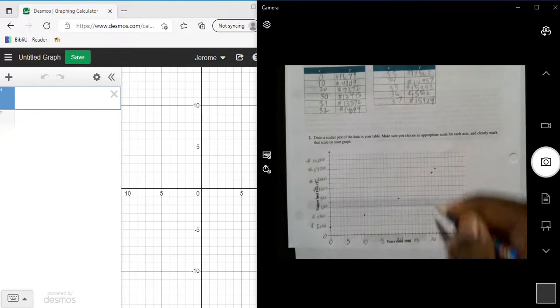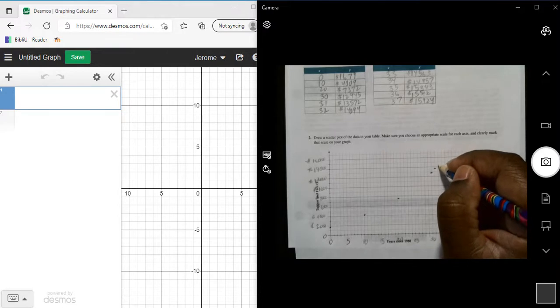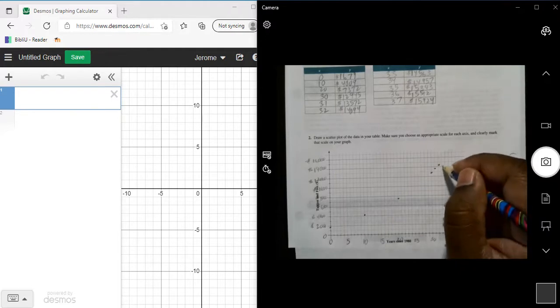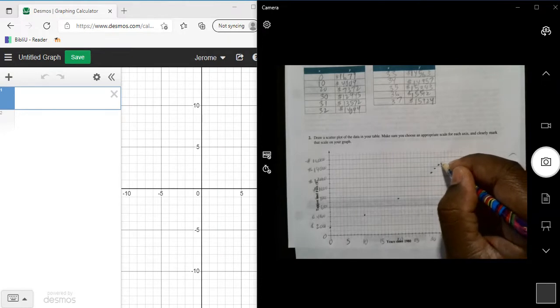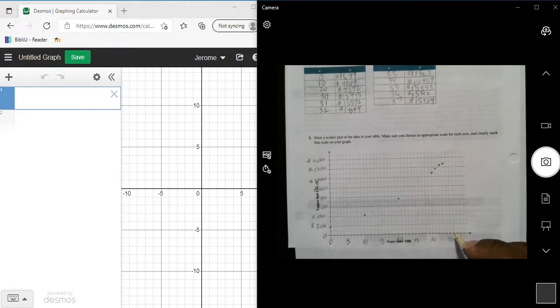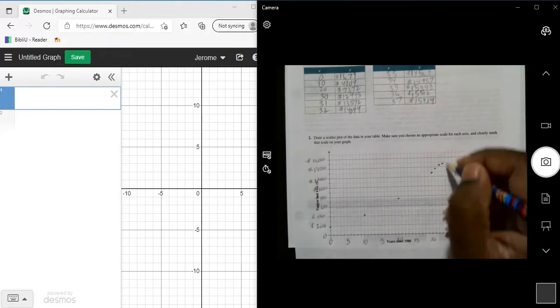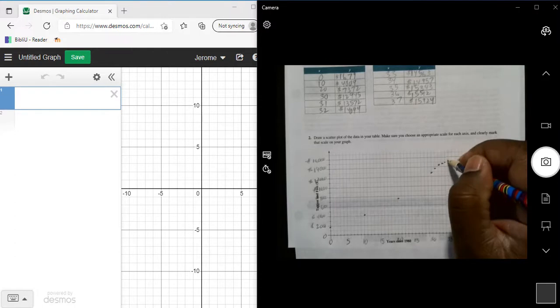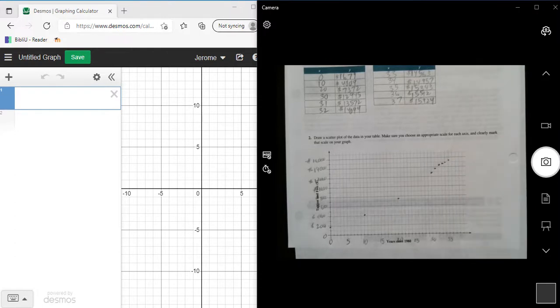Should be about here. 32 would be a little over 14,000. 33 would be the halfway point between 14 and 15,000. 34 will almost be at 15,000. 35 would be almost at the center between 15 and 16,000. 36 will be about the center.